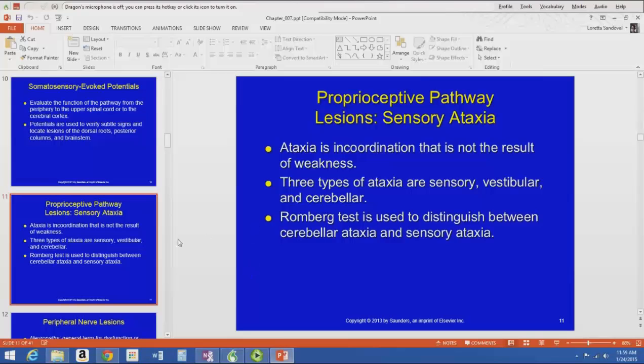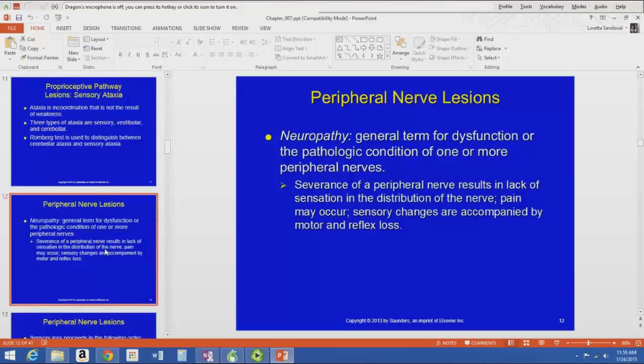is a symptom. Okay, so with peripheral nerve lesions, and we will talk more about these in detail in the peripheral nerve chapter, the word neuropathy, you will hear that a lot. It's a general term for dysfunction or pathological condition of one or more peripheral nerves. So neuropathy always refers to peripheral nerves.